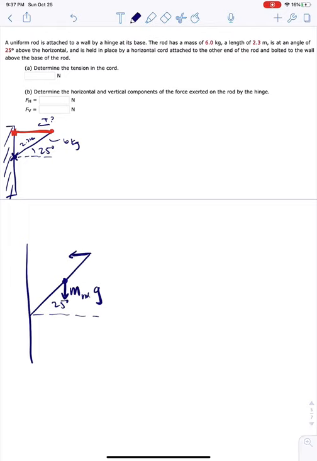And then I've got my tension force. And those are the only two forces on my rod, except for, sorry, also the force from the wall. So then we've got force from the wall on rod. Now, it's not that obvious what the direction of the force on the rod from the wall is, so I will go ahead and draw it just to show that it's got to be up and a little bit to the right.